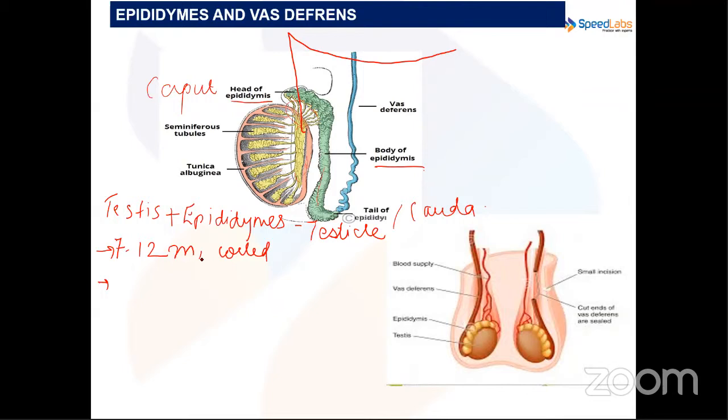So this is a 7 to 12 meter coil, and it is the site for temporary storage of sperms.